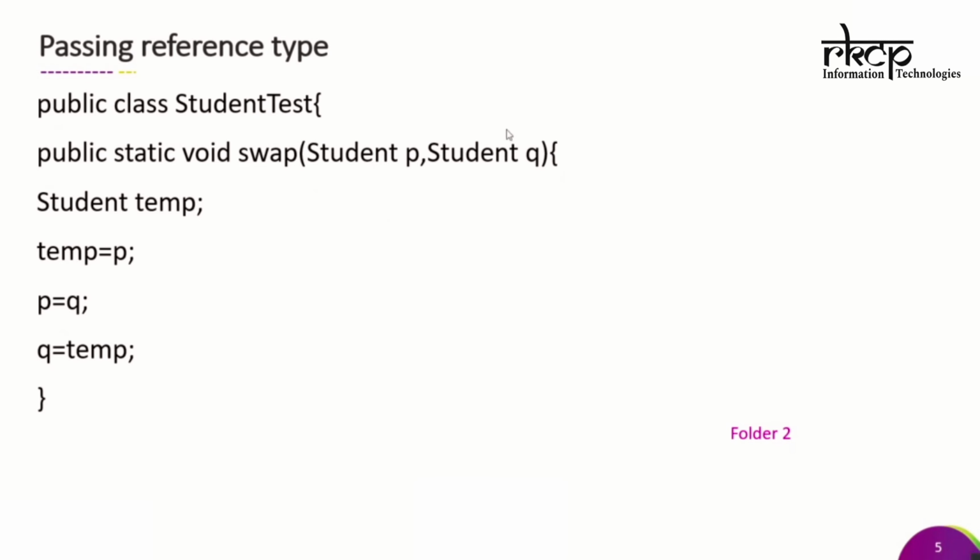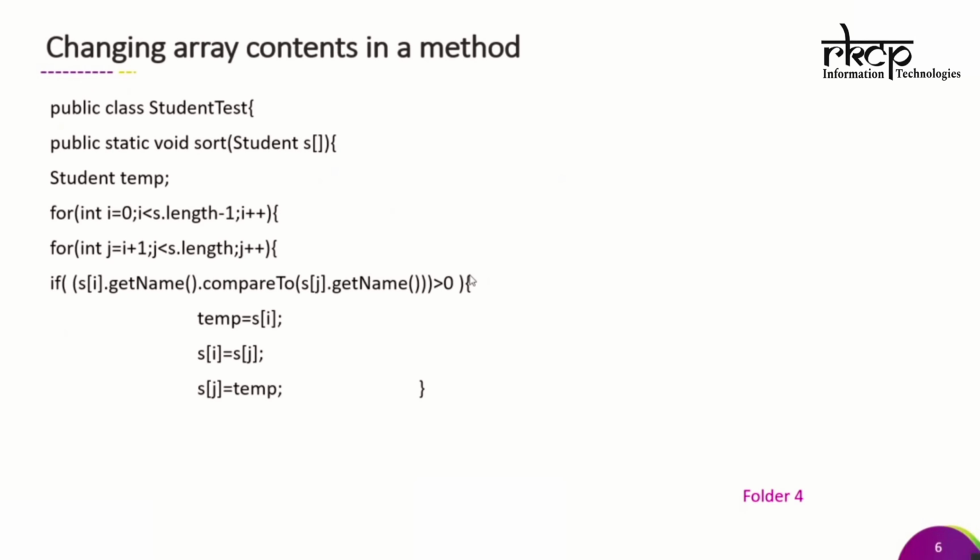So this concept is pass by reference, meaning if you pass an object of any class as a parameter, that concept will be the pass by reference concept. Whenever you call pass by reference, you always have to pass an object of that particular class.